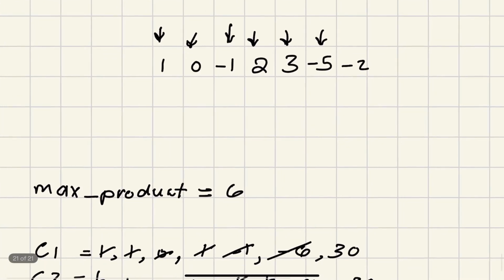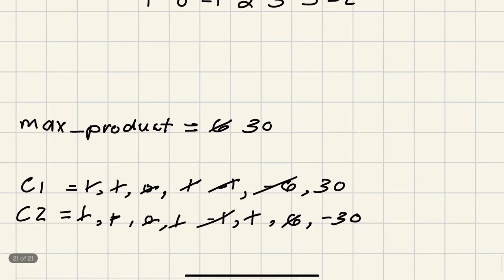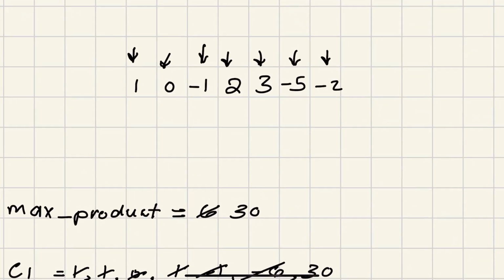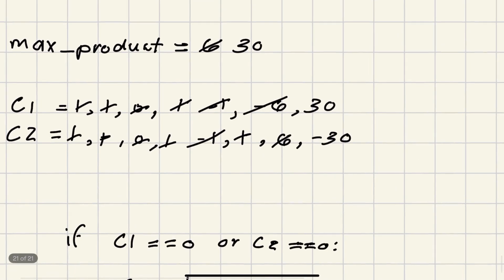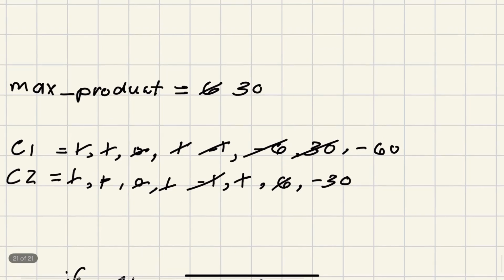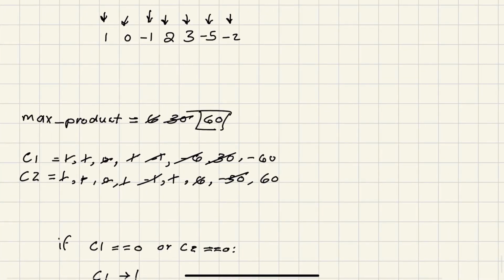So this becomes a 30. And now here, again, if we would have only kept one counter, then this would have become a -60. And we wouldn't be able to use -60, but this is now a +60. So our new max is 60. And that becomes our final answer.